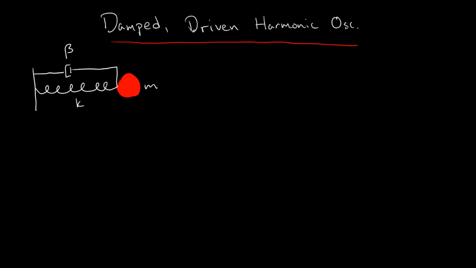And what this damping essentially means is that I have some sort of resistance in my system. Specifically, it acts as like a frictional force. So I'll write this F sub f of t. And this is going to be acting in the opposite direction of the velocity of this thing. So it has some constant beta.